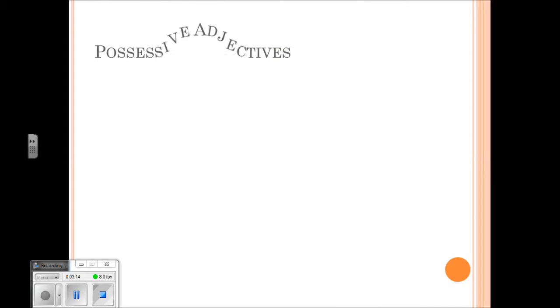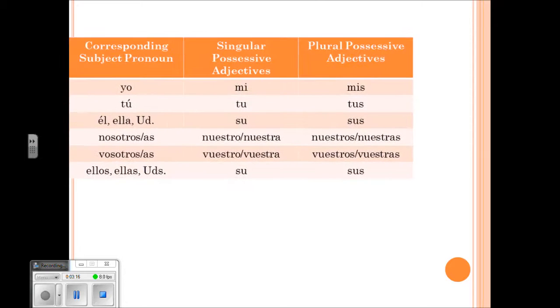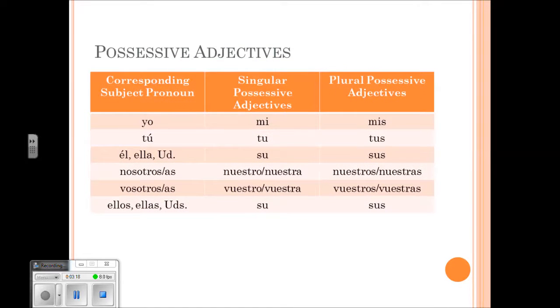Okay, here are your possessive adjectives. I've organized them for you by the corresponding subject pronoun just to make it a little bit easier for you. They're all listed here for you. The ones that require the modification in gender are in the nosotros and the vosotros form.